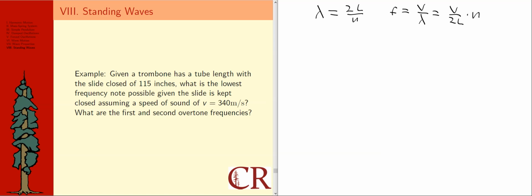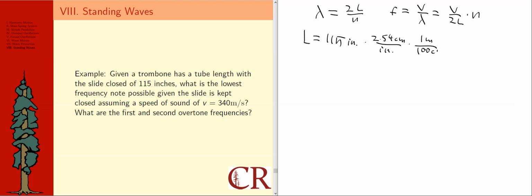And so what do we have to do here? Well, we're given v is 340 meters per second, and we're given L as 115 inches. It might make sense to convert that into an SI base unit. So we'll take 115 inches, times 2.54 centimeters in an inch, and then divide by the 100 centimeters in a meter.